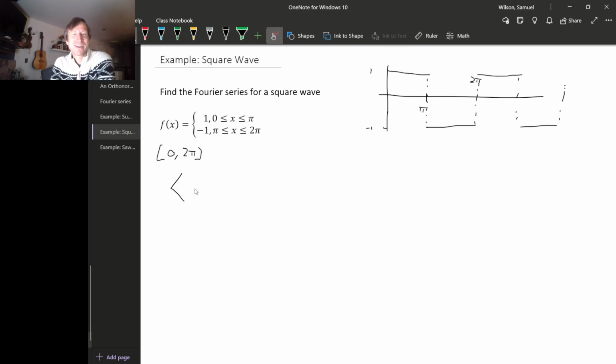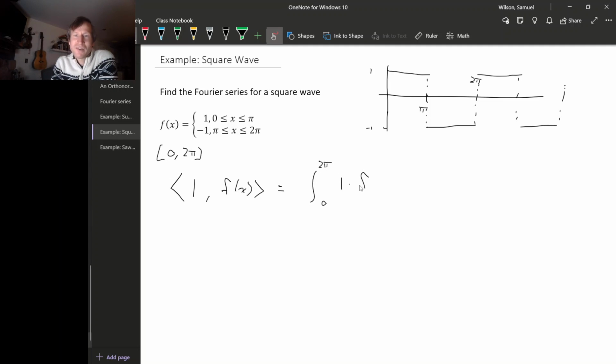Let's find the inner product of 1 with f. So this is the integral from 0 to 2 pi of 1 times f of x. And to do any of the integrals that we're going to need to do, we're going to have to break this interval into two pieces, because this function is piecewise.